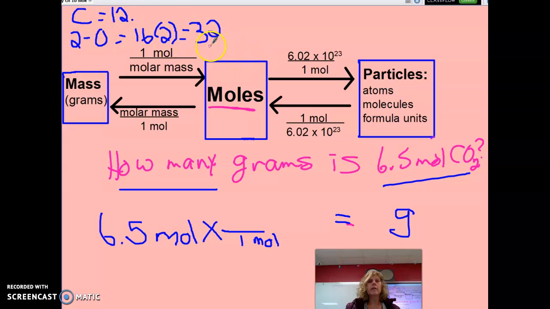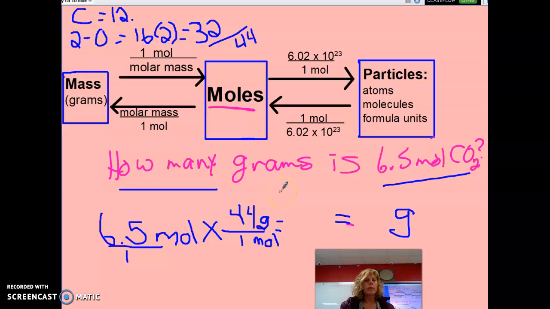If I add these together, 32 plus 12 is 44. That's 44 grams per mole. So that is where this comes from, 44 grams in 1 mole. Remember that this is a whole number over 1.